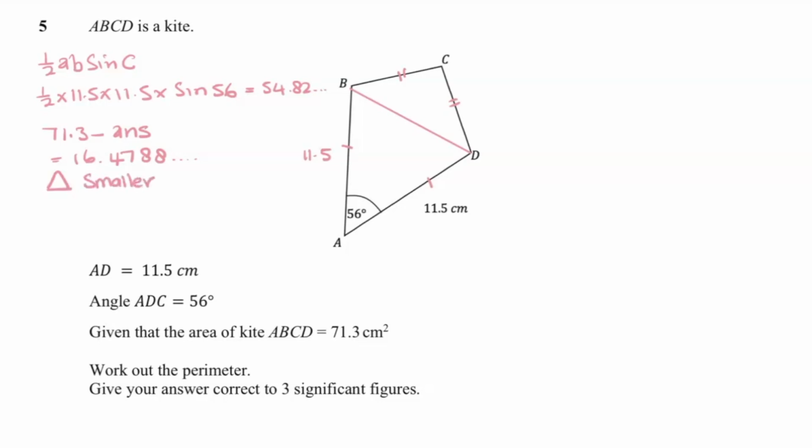What I don't have are any edges on this smaller triangle. Now, I could use the cosine rule and I could find that edge, and that would work absolutely beautifully. I could also split through the middle and create some right-angled triangles, and I could use my basic trig, my SOHCAHTOA.